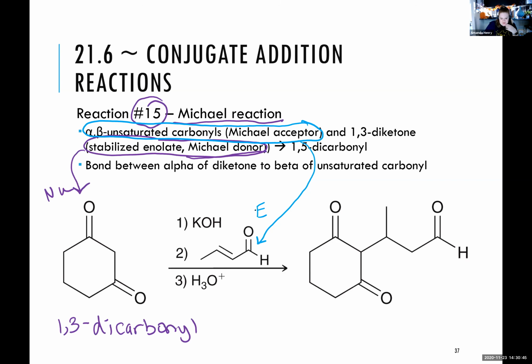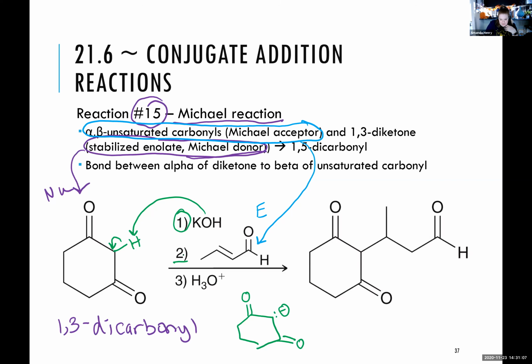So here's how we do our Michael reaction. First step, base. That base is going to take off that alpha hydrogen, and we end up with our enolate.